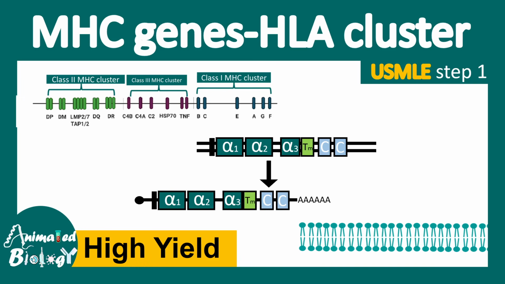Another typical factor about MHC alleles is their codominant expression. That means alleles from the mother and the father are both active. mRNA is transcribed from the paternal copy and the maternal copy as well. So the question is, why is codominant expression beneficial?